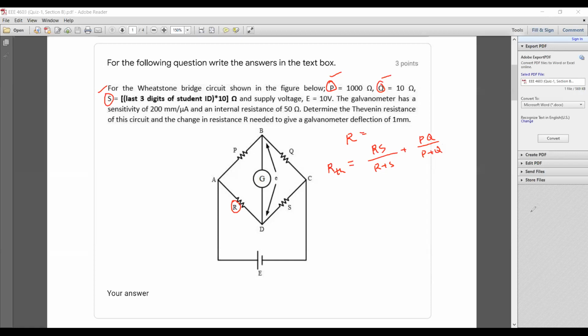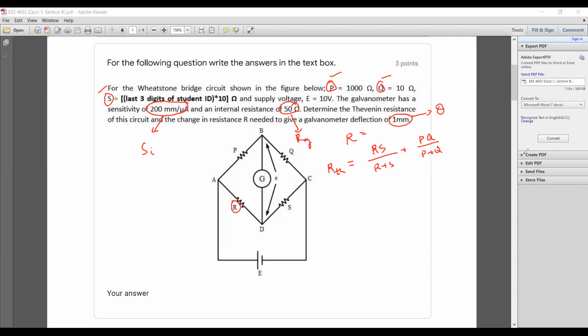Apart from that, the other quantity given to you is the sensitivity of the galvanometer, the current sensitivity actually, 200 millimeter per microampere, then the resistance of the galvanometer Rg. And one more thing, the required deflection is also given, so theta is also given.